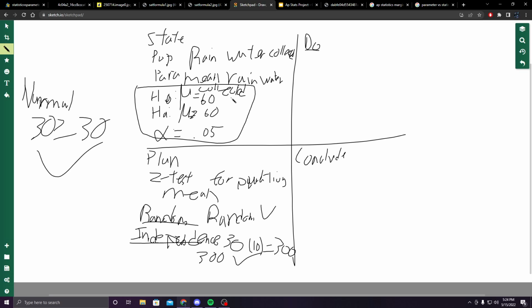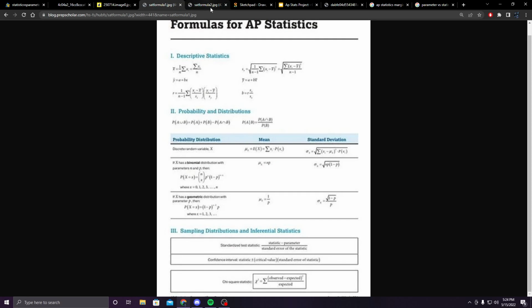Instead, you would want to say 95% confidence interval, which is usually what they do, or a something confidence interval.